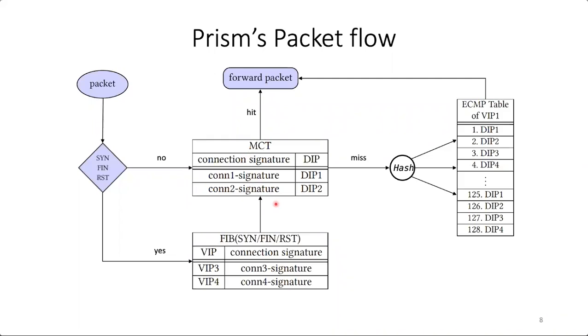If this is the case, the packet will find the mapping here in the MCT table and will be forwarded correctly. Otherwise, the mapping will be chosen according to the hash of the headers from the ECMP table, which holds all the available DIPs from the pool of servers.